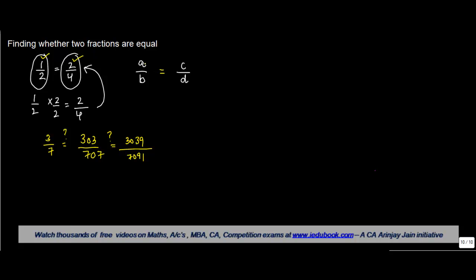Now let's represent any two fractions in the form a upon b and c upon d. The question before us is whether a upon b is equal to c upon d or not. In order to find out, what you need to do is you need to cross multiply.